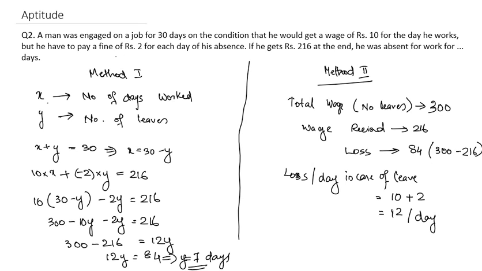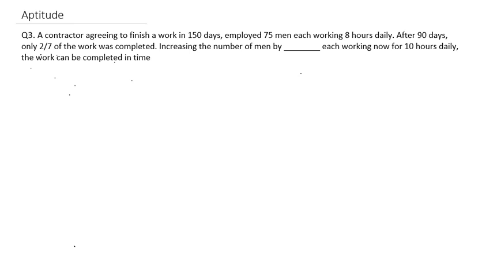So total loss divided by loss per day will come like 84 divided by 12, which again comes to 7 days. Third question.